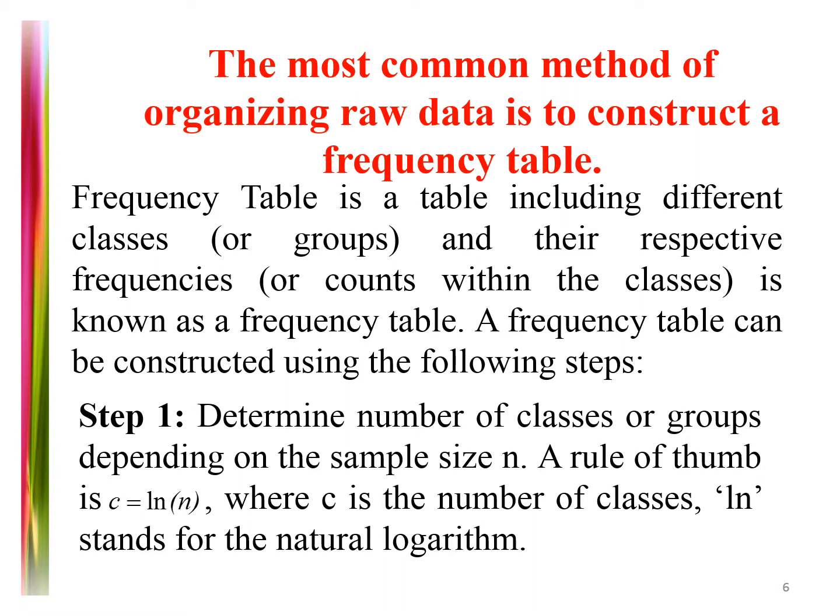Step one, determine the number of classes. First we have to estimate the number of classes or groups, which depends on the sample size n. The rule of thumb is that the number of classes C should be equal to the natural logarithm of n, where ln is the natural logarithm.